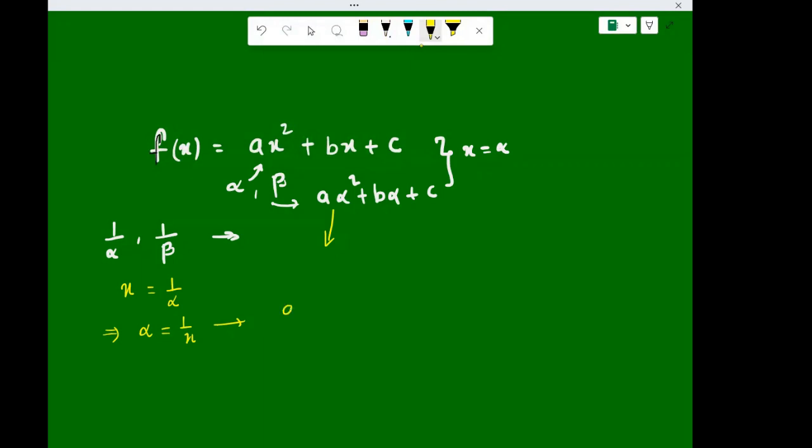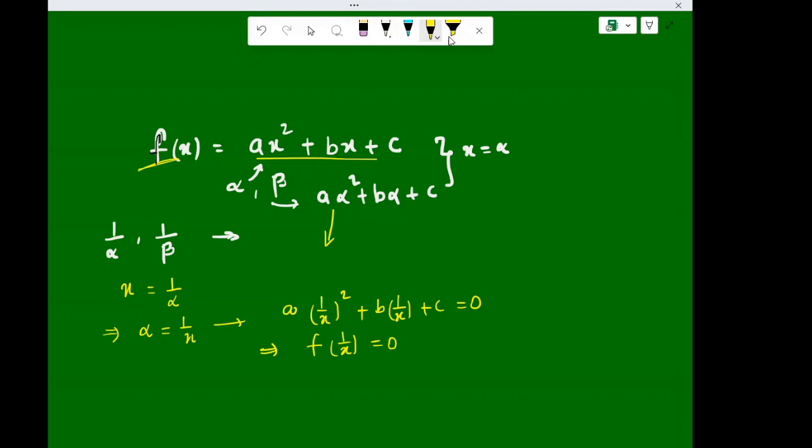So now we are replacing x with 1 by x. So a of 1 by x square plus b of 1 by x plus c equal to 0. In other words, it is simply called f of 1 by x equal to 0, whereas f of x is ax square plus bx plus c.